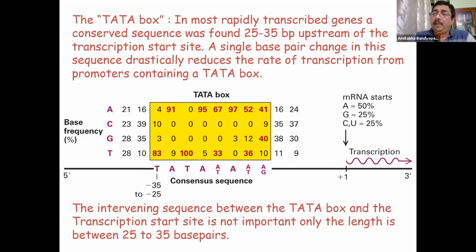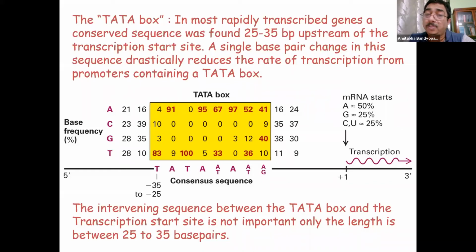In fact, if you align the promoter sequence of thousands of different genes, you will see that there is remarkable conservation in the sequence. The first base, being a T, is correct in 83% cases. The second base, being an A, is correct in 91% cases. The third base, being a T, is correct for 100% cases.